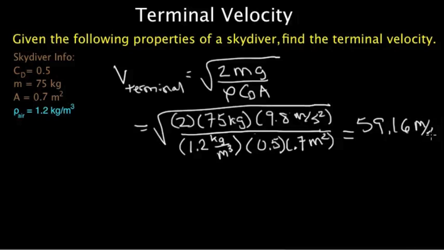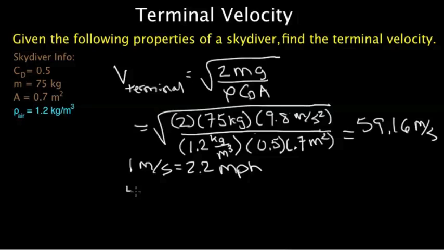meters per second. Now, one thing I always like to do, especially when we have speeds in meters per second, is think about what that actually means in terms of miles per hour, because I have a much more intuitive sense of miles per hour than meters per second. The conversion factor is 1 meter per second equals 2.2 miles per hour.